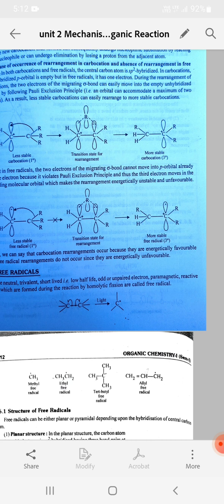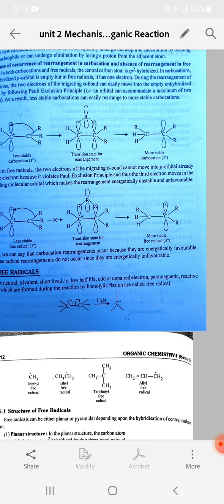During the rearrangement of carbocations, the two electrons of the migrating sigma bond can easily move into the empty unhybridized p orbital, following the Pauli exclusion principle that an orbital can accommodate a maximum of two electrons. As a result, less stable carbocations can easily rearrange to more stable carbocations.